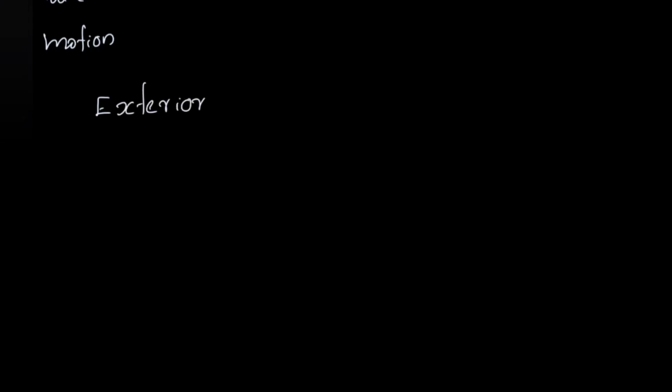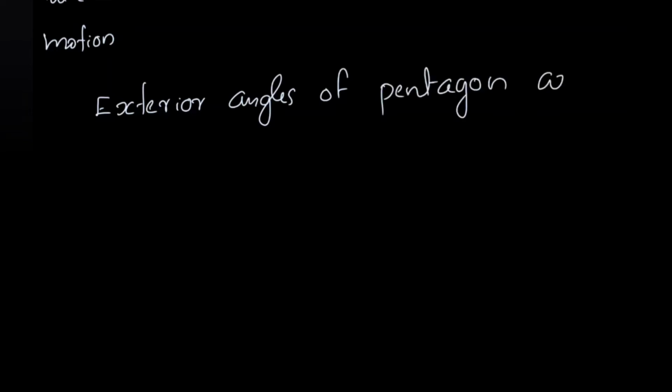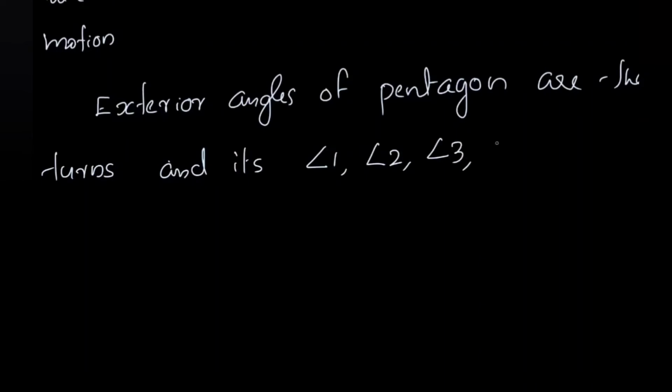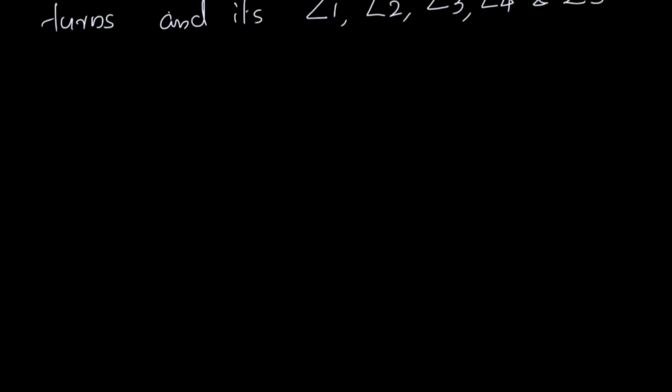Here the exterior angles of the pentagon are these turns: angle 1, angle 2, angle 3, angle 4 and angle 5. And I can show it like this. Angle 1 is this direction, then it takes a turn of angle 2, then again angle 3.